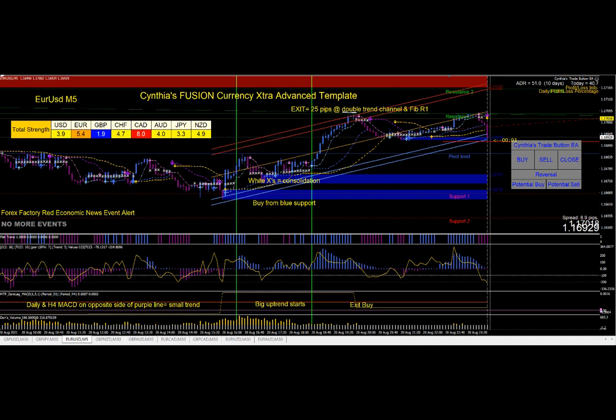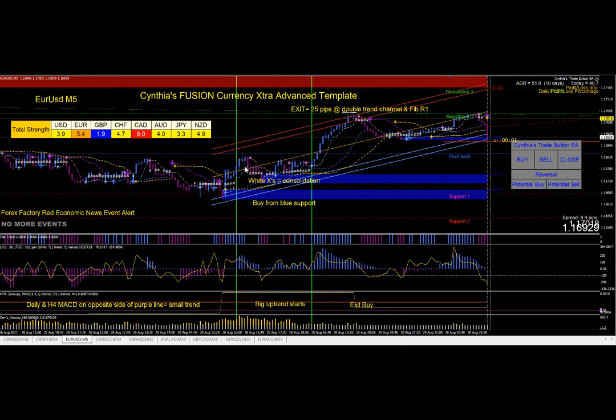And in a 5-minute chart, if this would have been your perfect entry and your exit would have been here, that's 28 pips. And you just would have to wait out this white X consolidation, but you wouldn't actually be exiting your trades because you have the double support trend line.